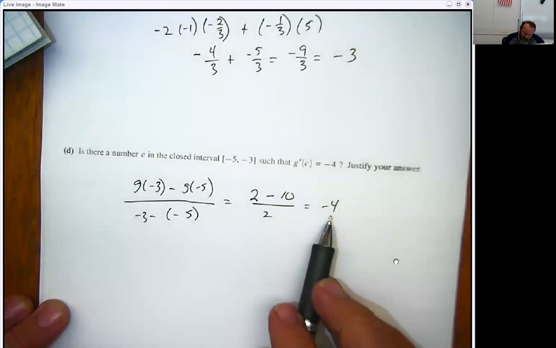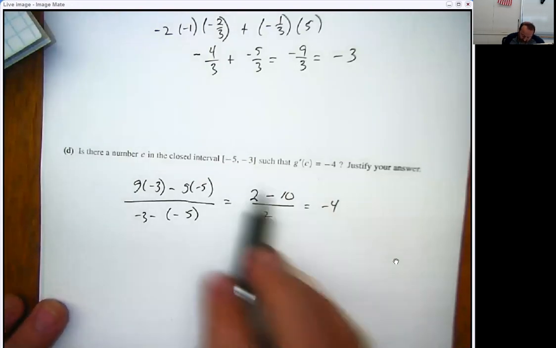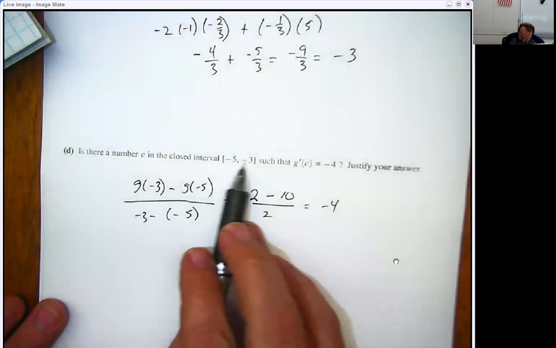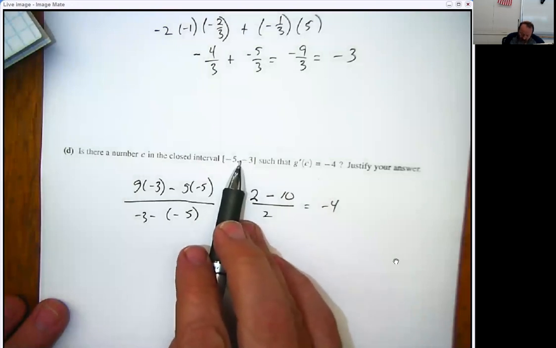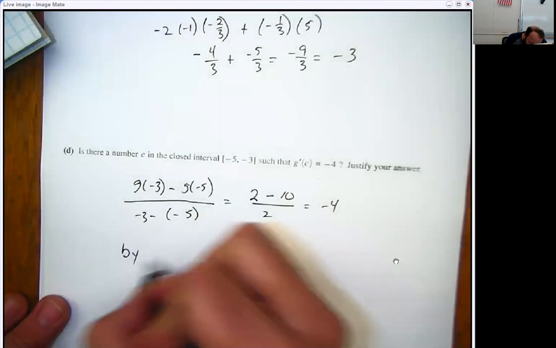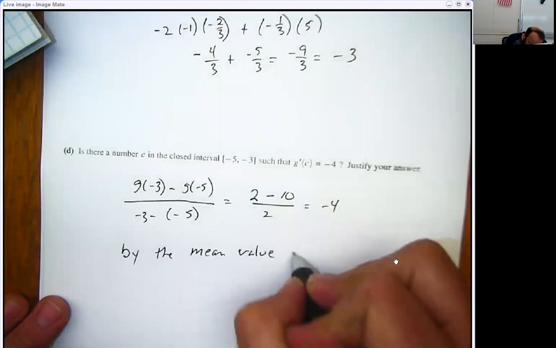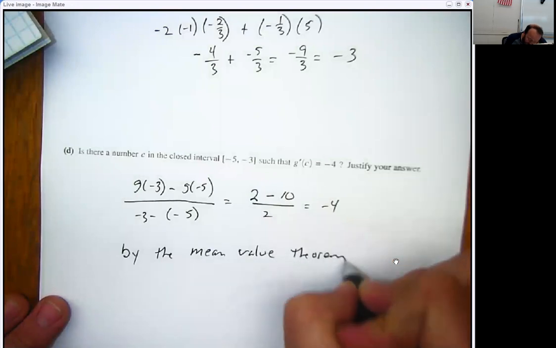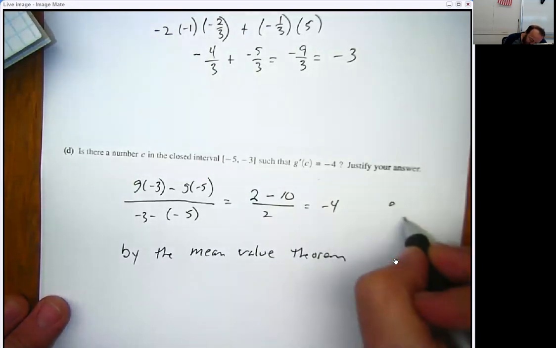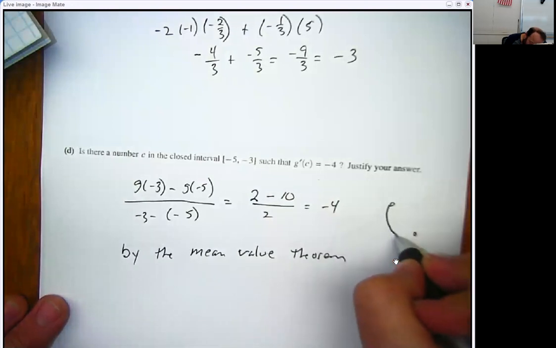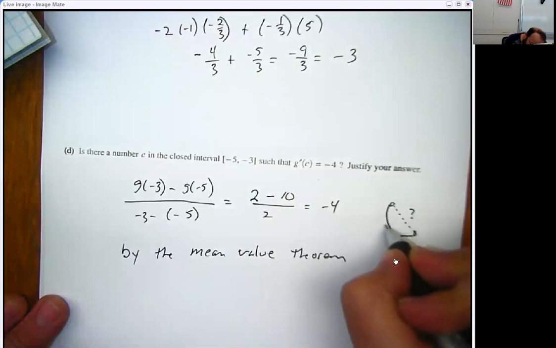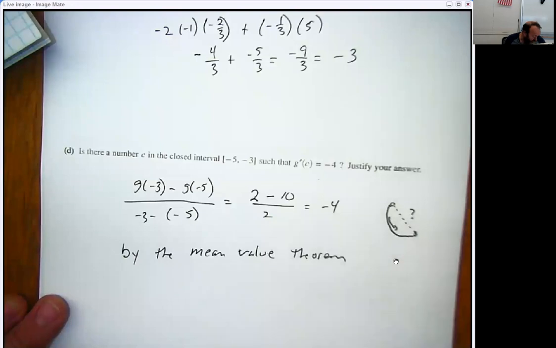And so since this is a differentiable function that has an average rate of change of -4, then there is a guarantee by the mean value theorem. See, if you have two points, it doesn't matter how it goes, whatever this slope is, somewhere the slope as you move along this curve will have that exact same slope.